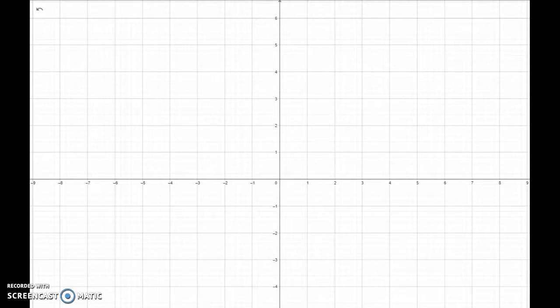Now we have several basic trigonometric functions. We have tan, sine, cos, cotangent, cosecant, secant. However, only cosine and secant are considered even functions. Let us see why.